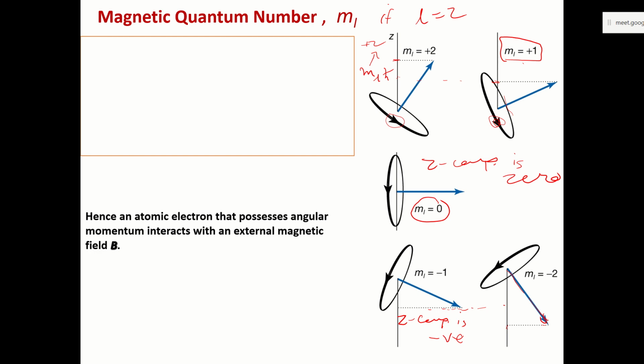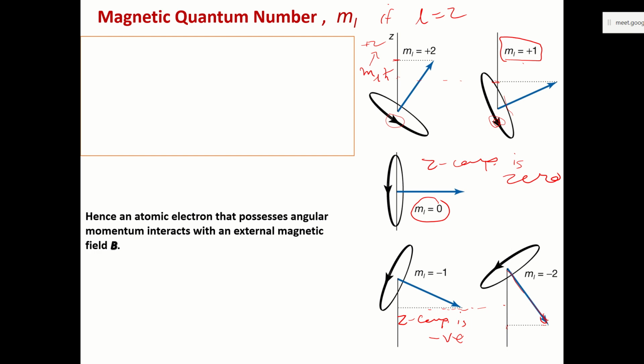So what this means is that quantum mechanics tells you, when we analyze the radial wave function and angular wave function, three sets of quantum numbers are generated.